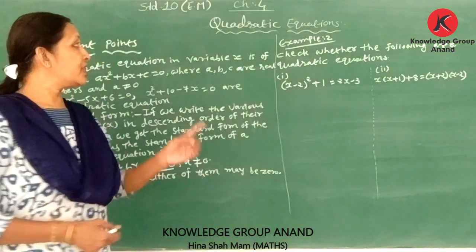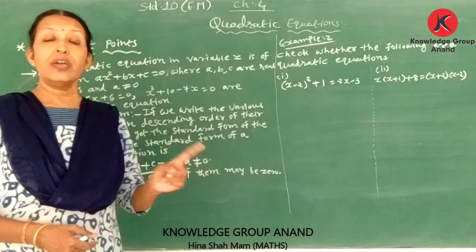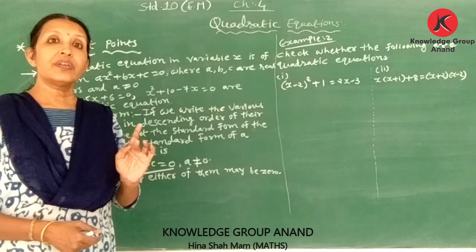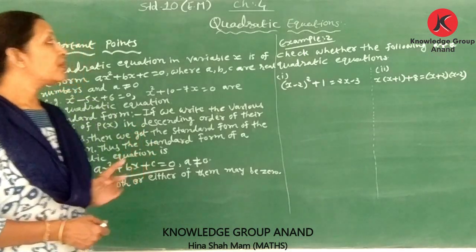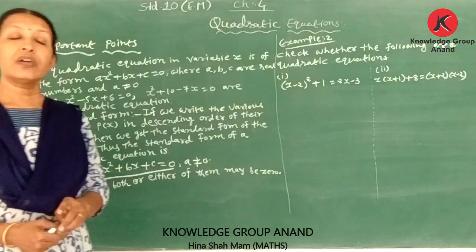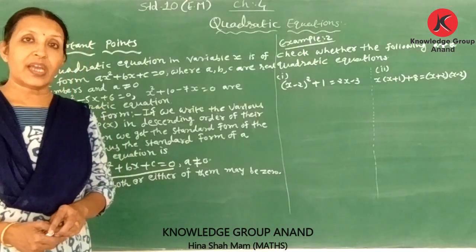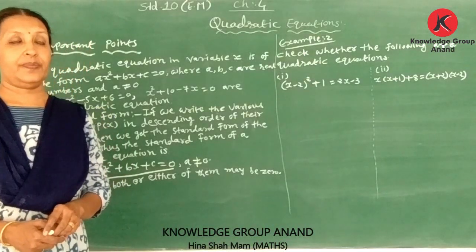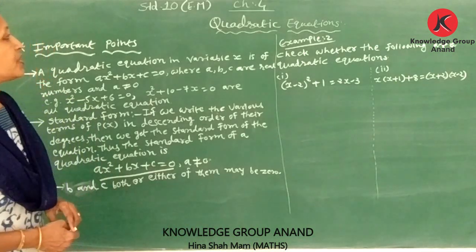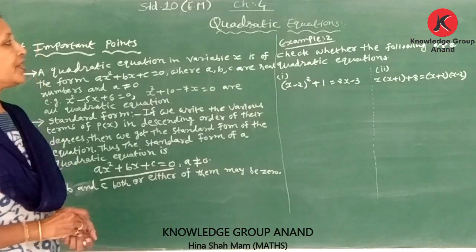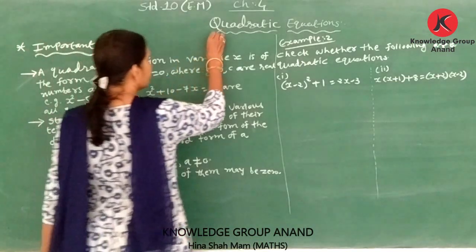Number 4, quadratic equations, is now starting. Fifth, arithmetic progression, completed. Seventh, coordinate geometry. 14, statistics, and 15, probability. Now we start here, chapter number 4, quadratic equations.